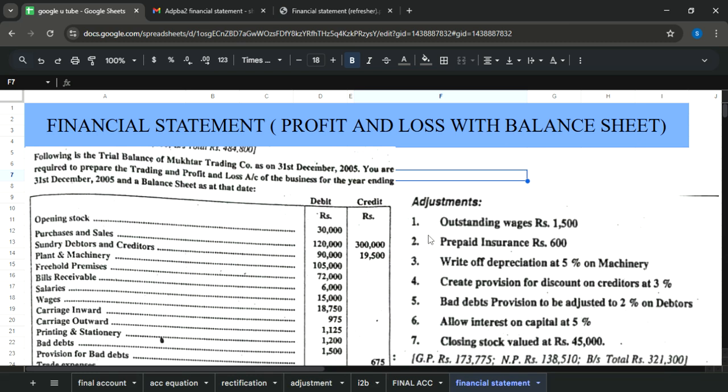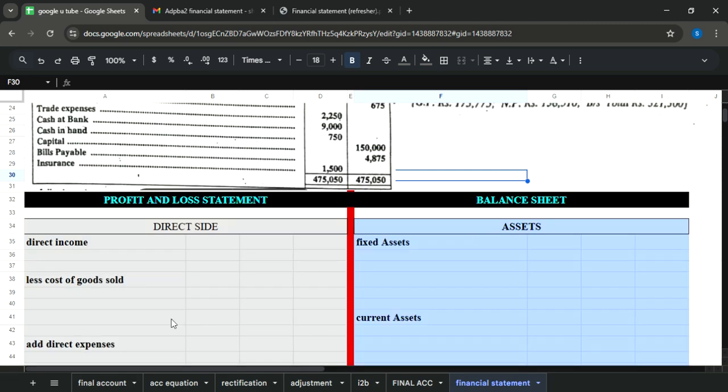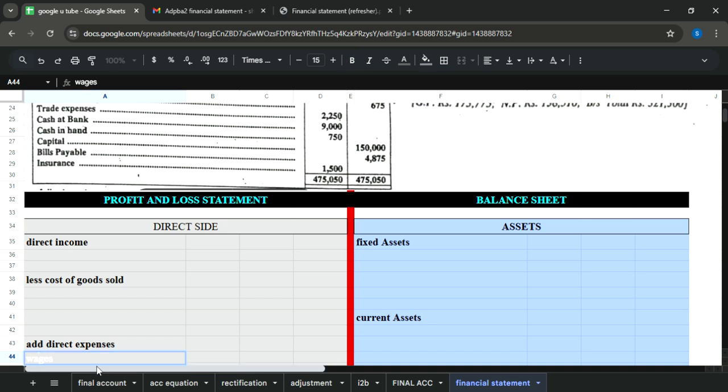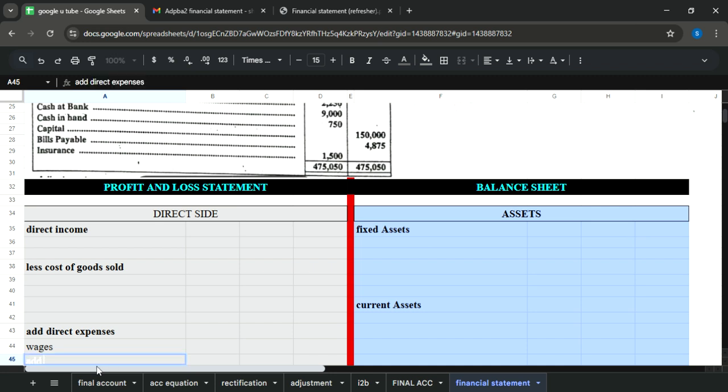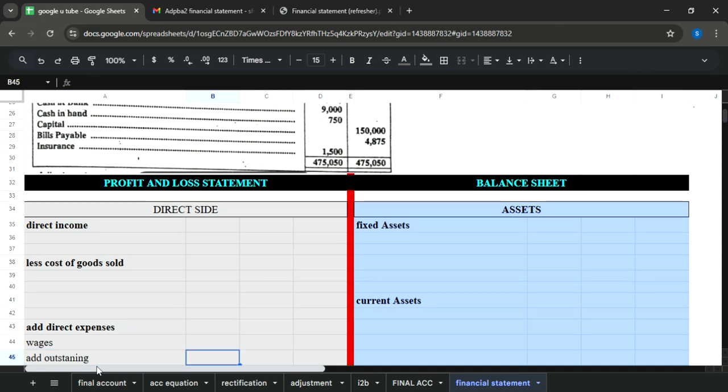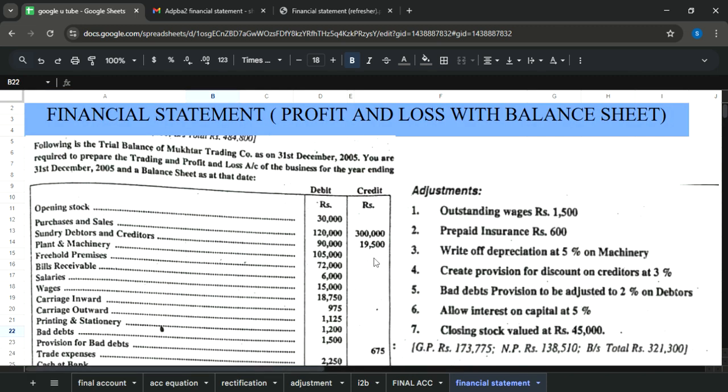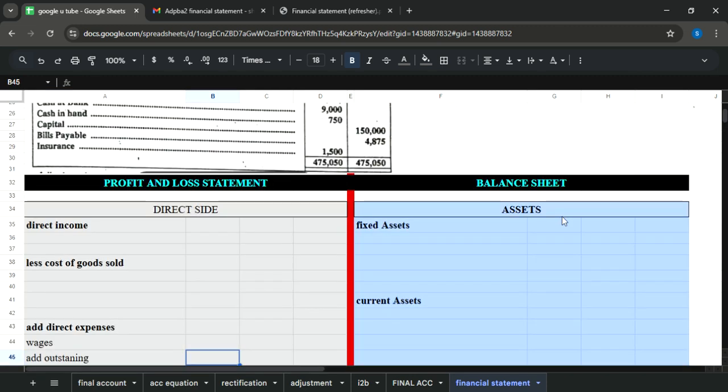Let's begin. First adjustment, outstanding wages. Wages is part of direct expense. So you will come over here, mention wages, and since it's outstanding, you will add outstanding wages. How much amount of wages? Look here, 1500 is outstanding, so you will put 1500 over here.